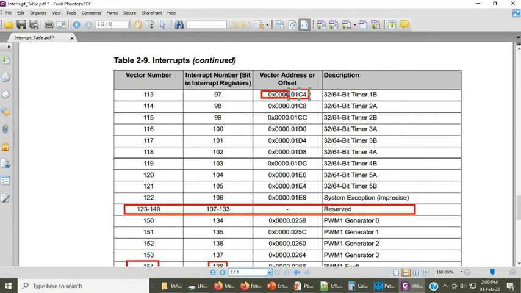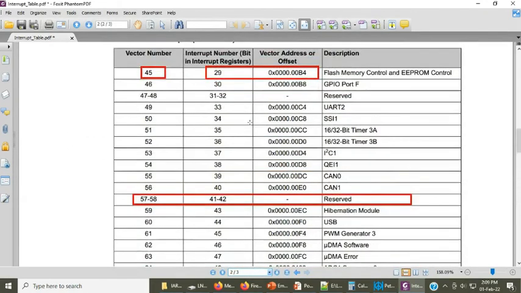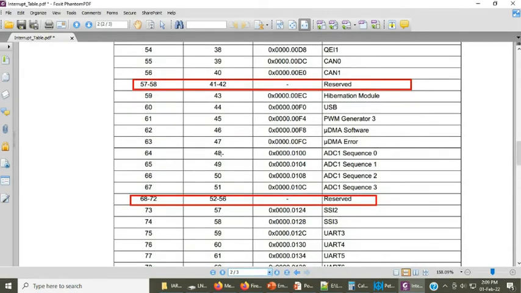Even if you don't remember these things, just remember the vector address, and you don't even have to remember that; you can refer to the data sheet. Suppose someone asks you what the interrupt address for ADC1 is, you can just go and see this particular address. Then we will write programs to change the contents of these registers.